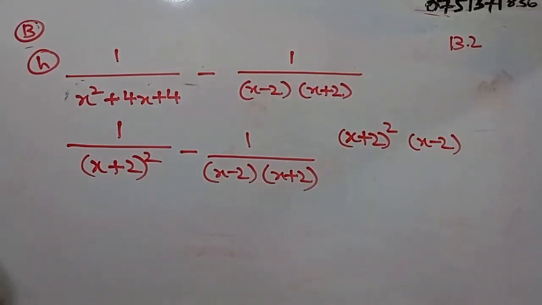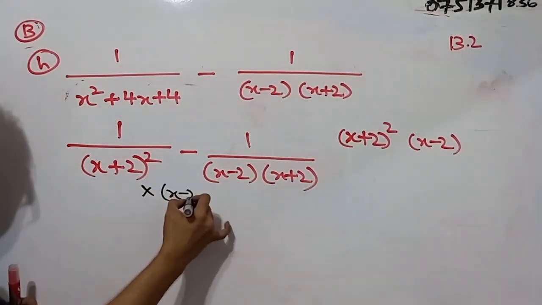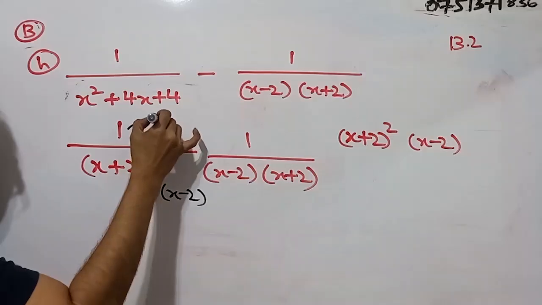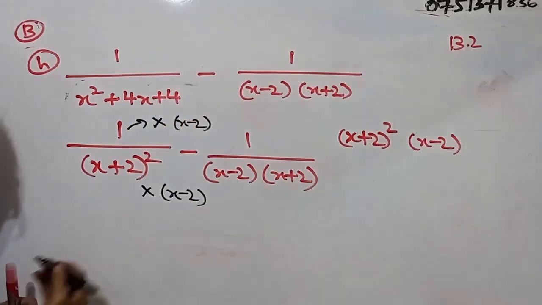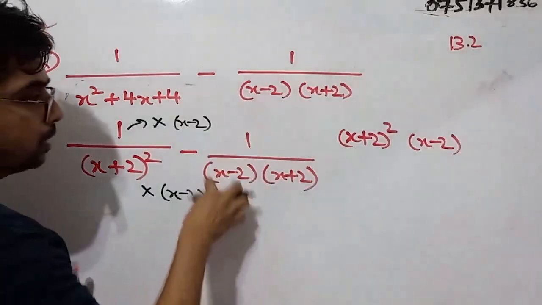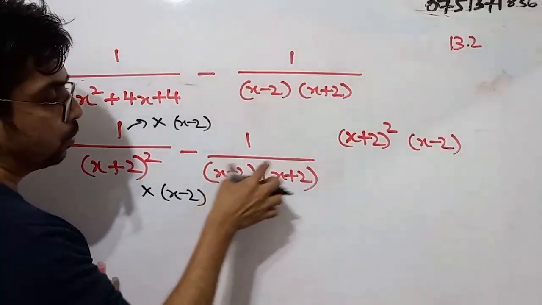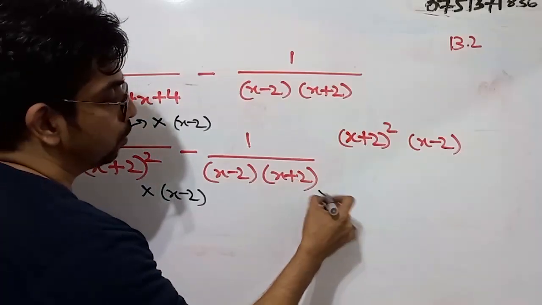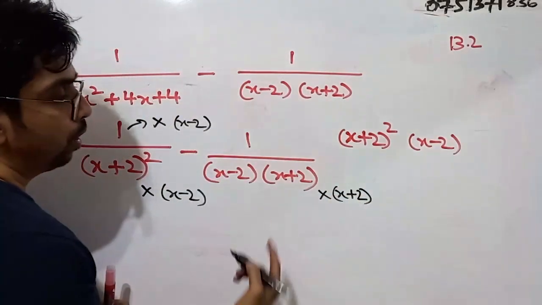Okay, so that means we have to multiply this term by x minus 2. So we need to multiply 1 by x minus 2 as well. So for this expression, we have x minus 2 and x plus 2. That means we need to multiply this term by x plus 2 once.